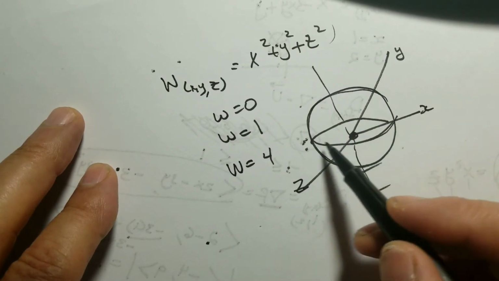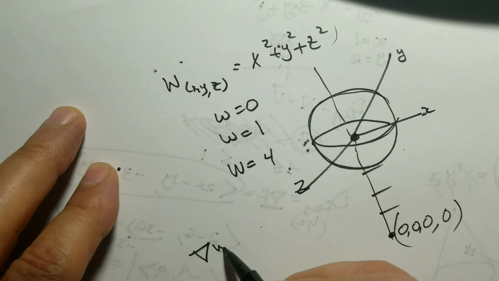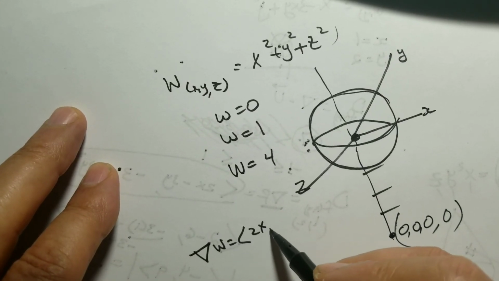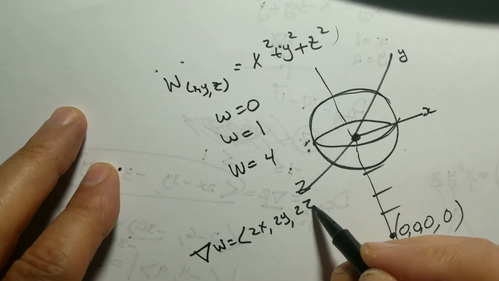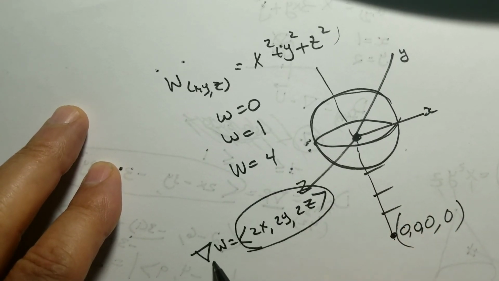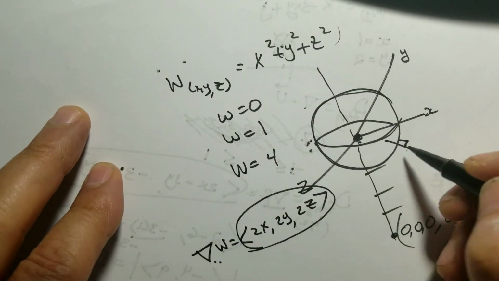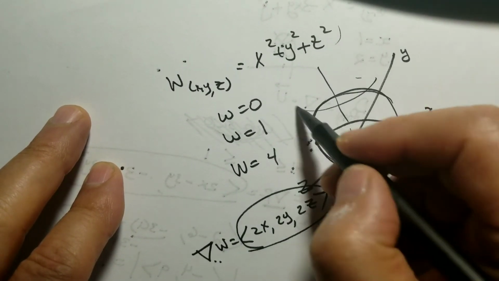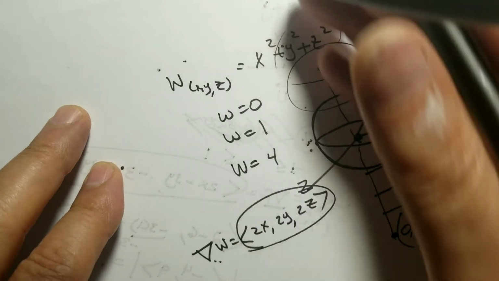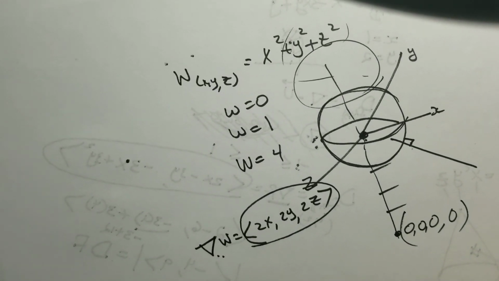You have a sphere 4 units above. And what is the gradient of w? 2x, 2y, 2z. Therefore, at any ordered pair, that gradient is normal to a level surface. These are surfaces on top of surfaces. The w goes up or down. That is the relationship between the gradient and the level curve, and the gradient and the level surface.